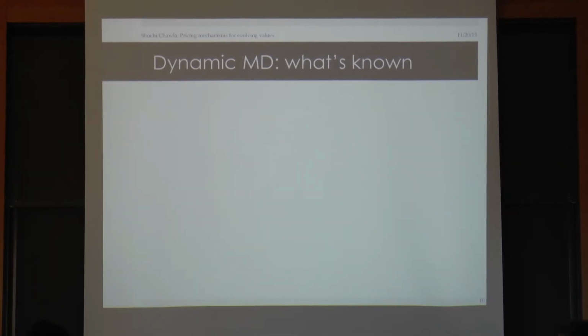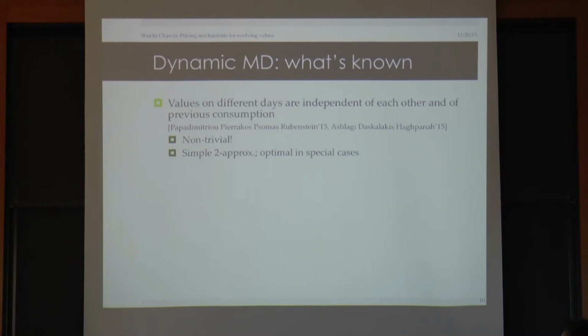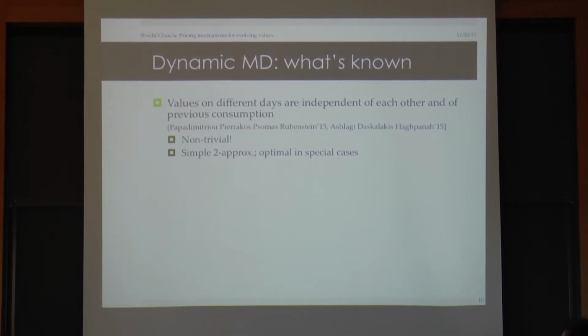Okay, so what's known? So there's been this recent work in the CS literature on a special case of this problem where, in fact, so thinking about just the setting of 2 days, they assume that the distributions of values on the 2 days are completely independent.